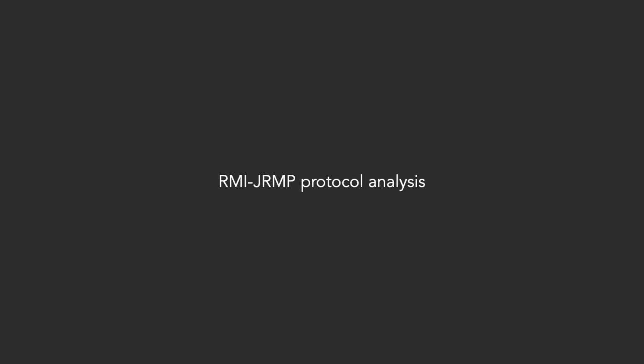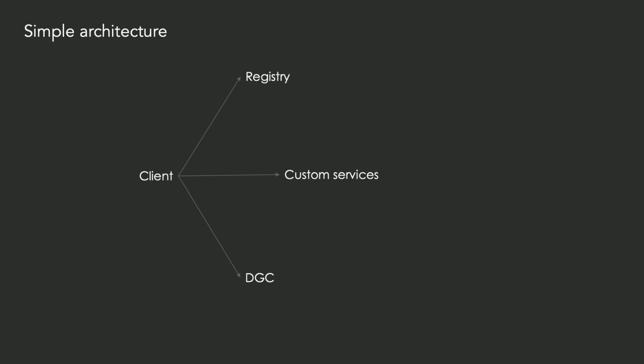So let's get into RMI JRMP, which is the most widely used. The architecture is very simple. There is the client, the registry service, the custom services, and the DGC service. The registry service is basically like a naming handbook that keeps the record of all the services. When you want to invoke a method A, you have to connect to the registry to ask where it actually is, and to obtain the needed information to invoke the actual method.